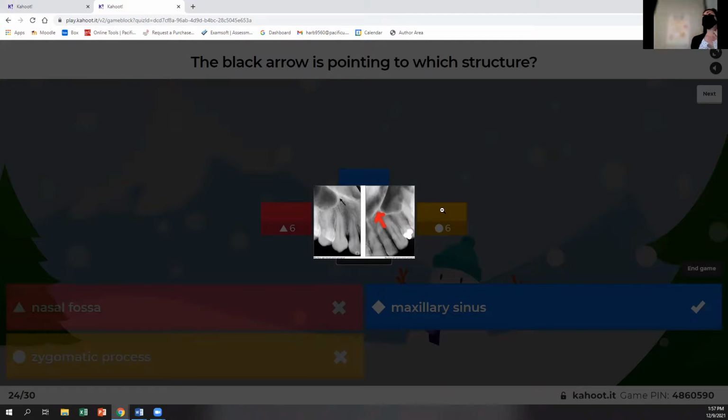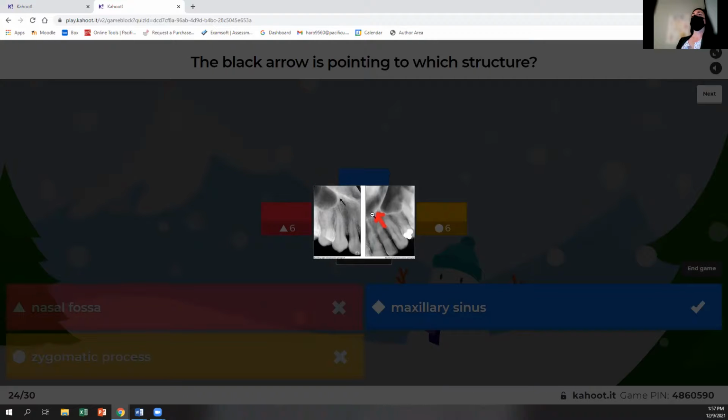I don't like this one either. So let me give a few. I think I should have put the red arrow, because this is your nasal fossa.